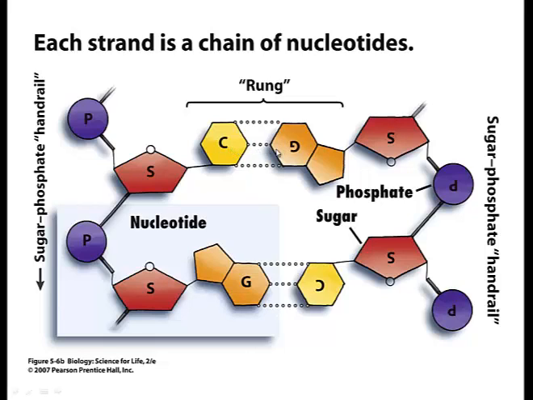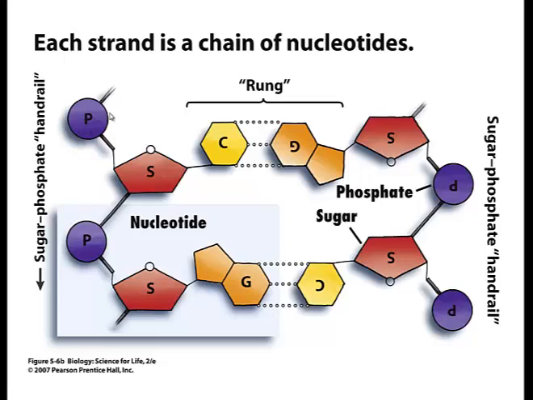And so the phosphate is bound to the sugar, which is bound to the base there, and that makes up one nucleotide. So we don't want to get lost here and forget that DNA is actually a chain of nucleotides. And so one nucleotide, again, consists of a phosphate, a sugar, and a nitrogen-containing base.